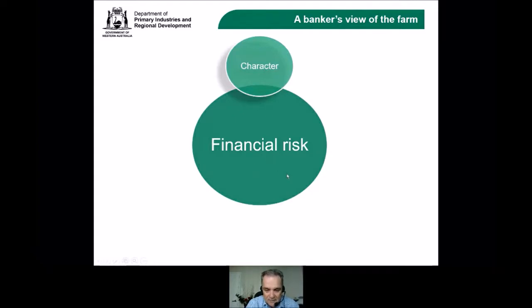So the more financial information that you start to use and discuss with your bank, the more comfortable they get that you know what you're talking about and you have a degree of ability in this area. And that gives them confidence to actually back you. So honesty, integrity, trust, financial acumen, farming acumen, decision making, that sort of thing. So be of good character.